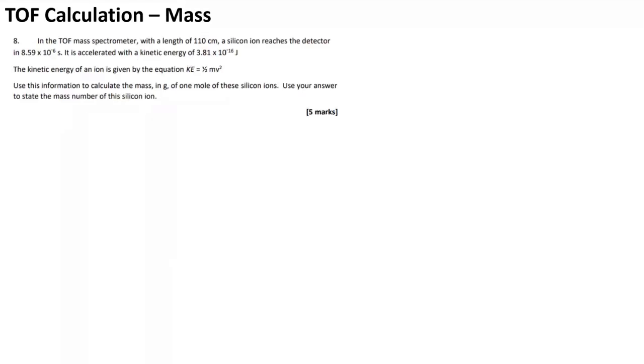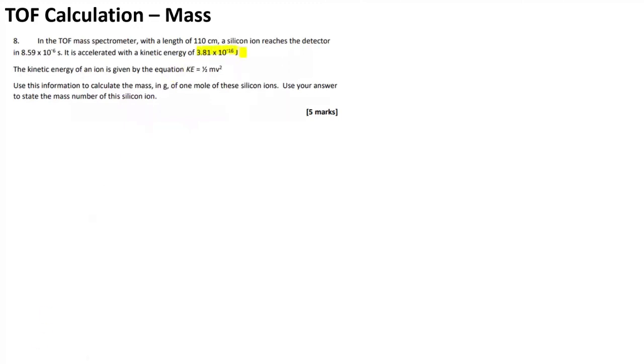Now this type of question confuses a lot of people because it starts off differently to everything you've done before. So if you think about our two equations, kinetic energy equals half mv squared, that's normally the one we use first. Now, do we have enough information for that? Do we have kinetic energy?